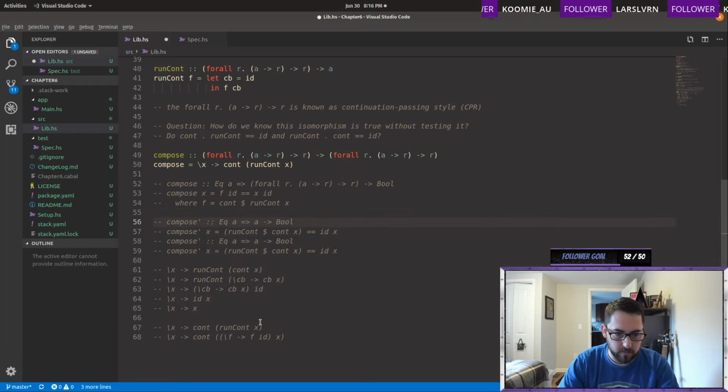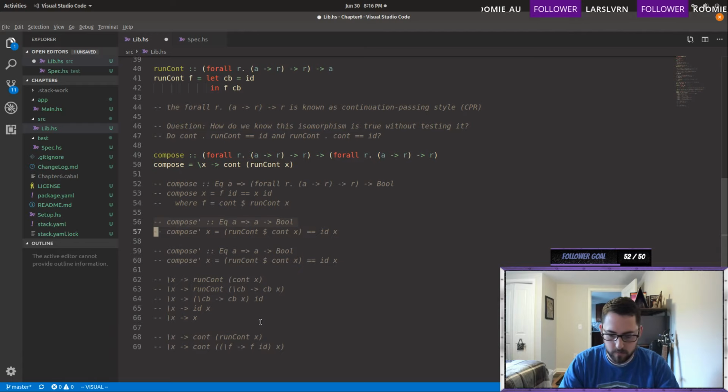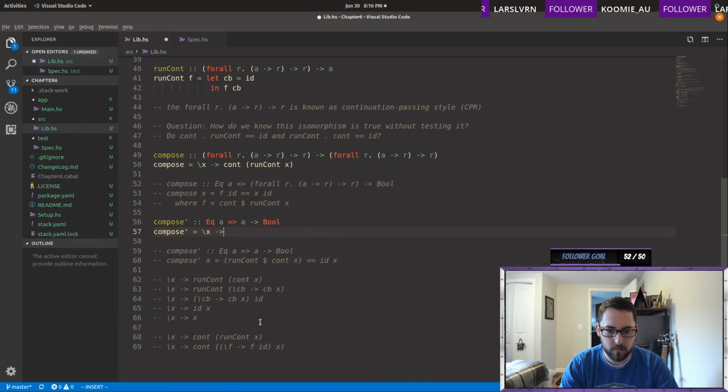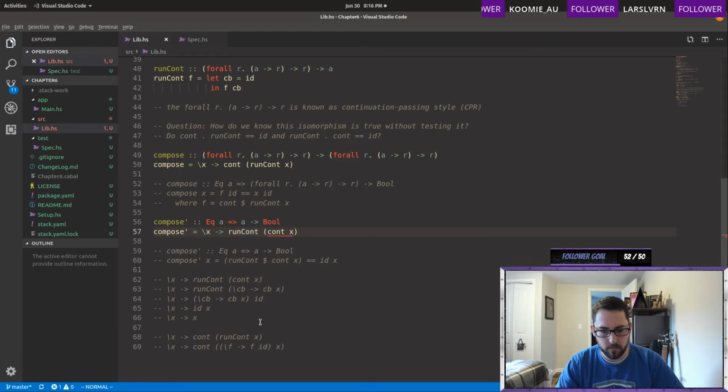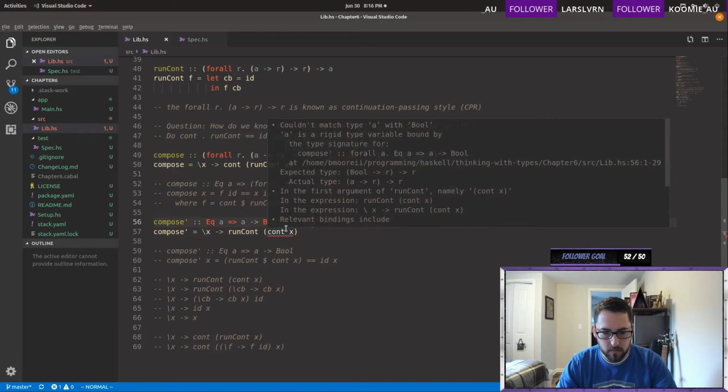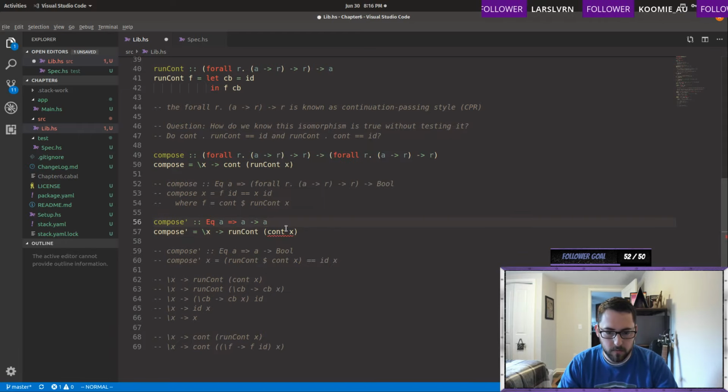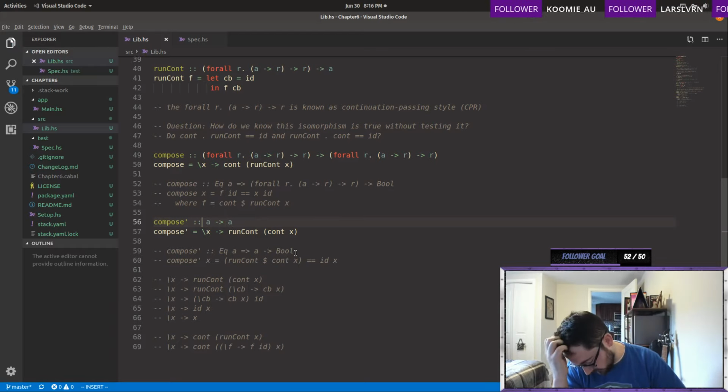I want to think of these in terms of the lambda. All right.